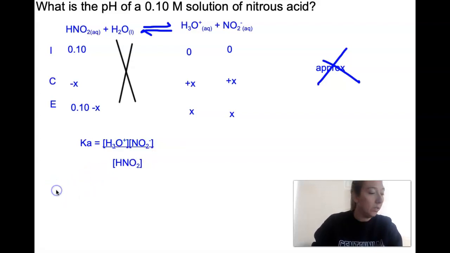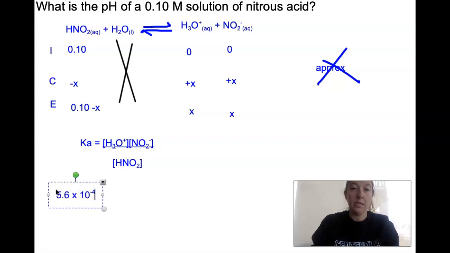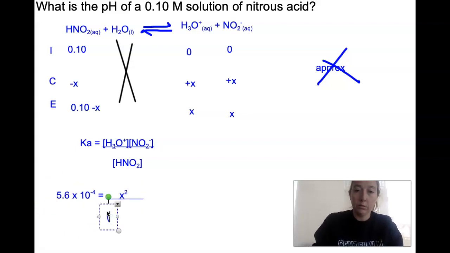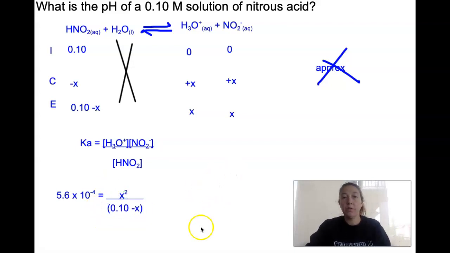Okay, so within here, we're going to have the K, which was 5.6 times 10 to the negative 4, and that is going to equal our x squared over our 0.10 minus x.